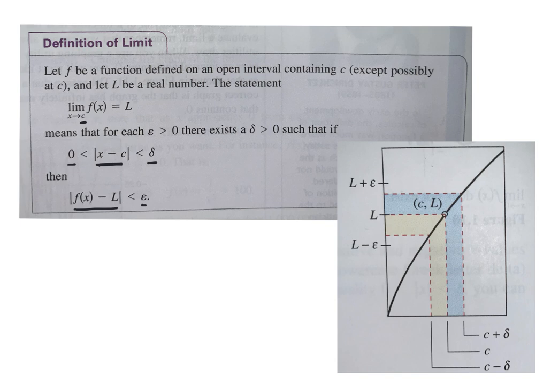And so what they're telling you here is the delta represents the range around the c value. So I can get within these ranges of c and I am close enough. And if I get close enough, then my limit will also fall close enough and it will be in the epsilon range.